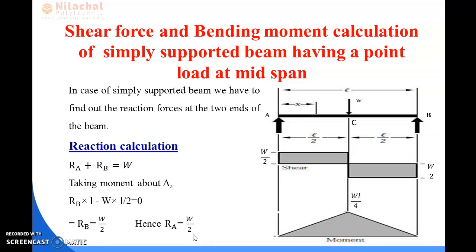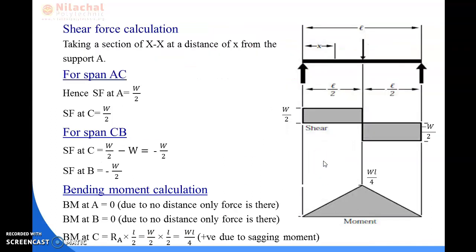Now we can calculate the shear force at the salient points on the beam. First of all, we have to subdivide the whole span of the beam into two sections.